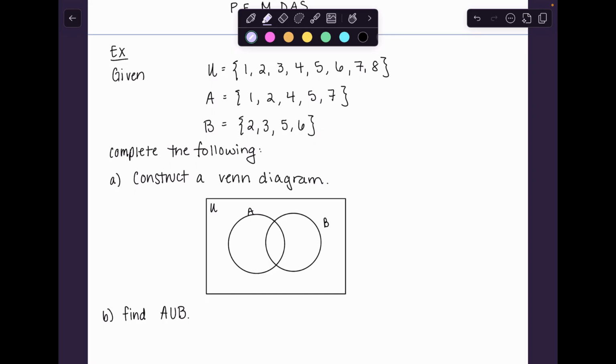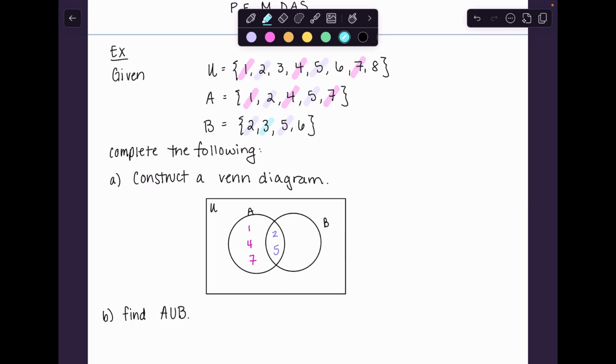So first and foremost, I want to make this Venn diagram. And again, I'm going to go about this in the same way. I'm going to start with the overlap in the middle. If I look at these two sets, they have the number 2 in common and the number 5 in common. So 2 and 5 go in the middle. Then I've got the numbers that are unique to A, which are 1, 4, and 7.